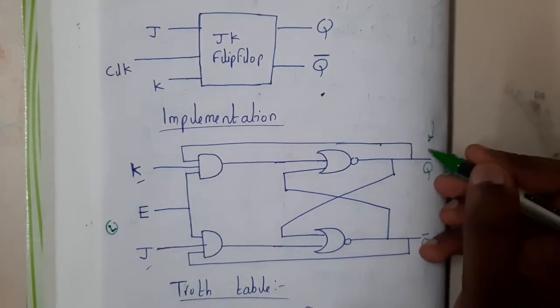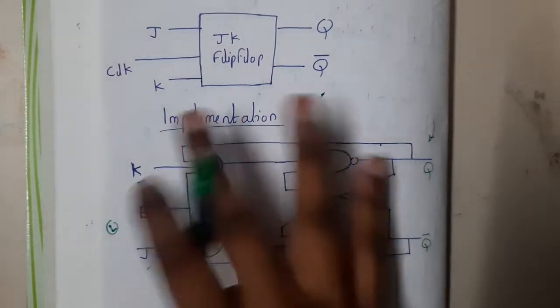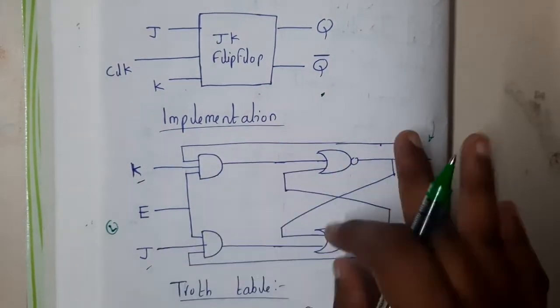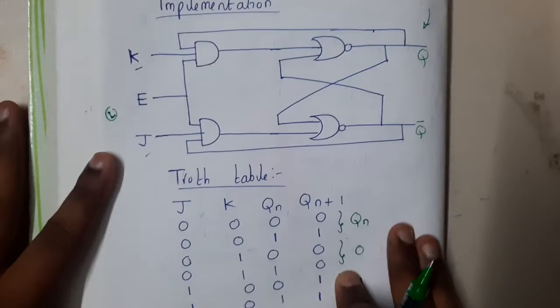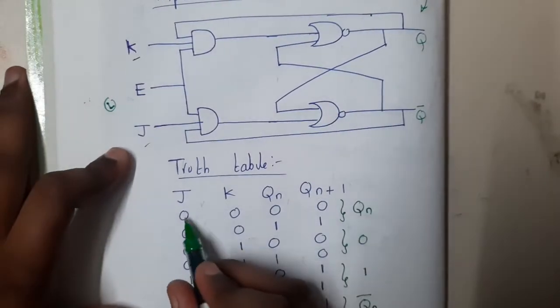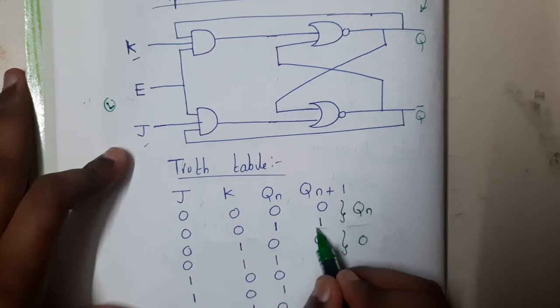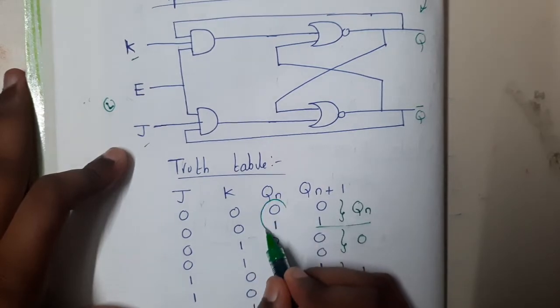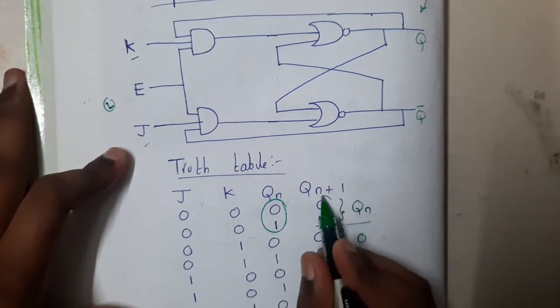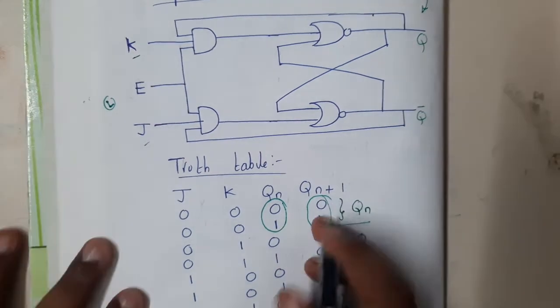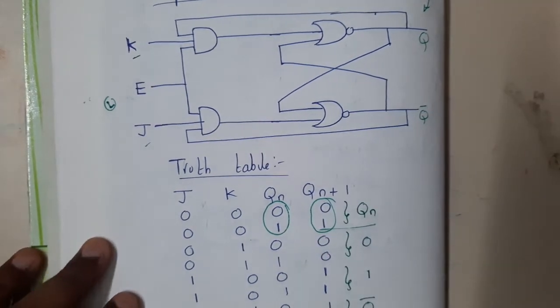The input passes in all the different directions and you generate the outputs. Whenever J and K are both 0, it acts as storage, guys. Whatever you give is stored in Qn, and that is what we get in Qn plus 1.